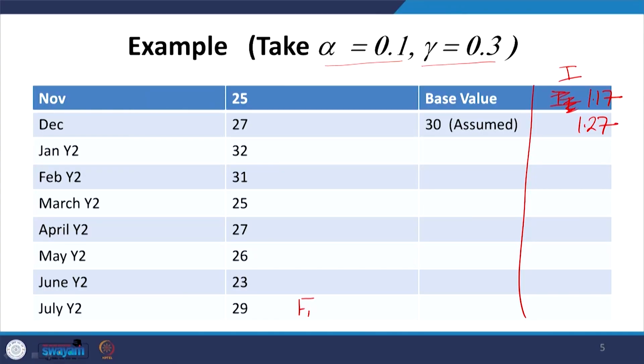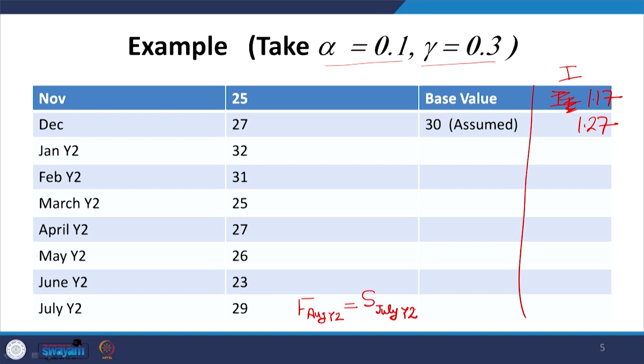If I am going to forecast for the month of August Y2, what will I be doing? I will be using the most recent updated base value, and the most recent updated base value will be for the month of July, as July Y2.